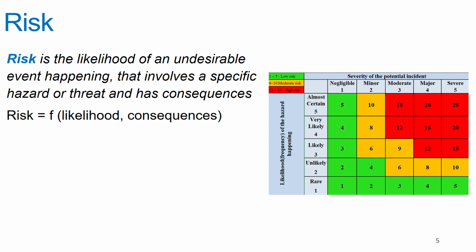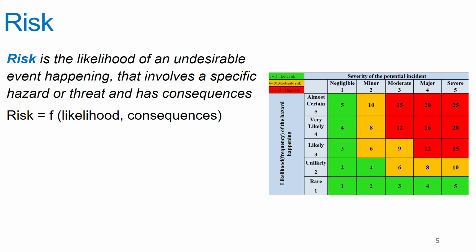This undesirable event involves a specific hazard or threat and has consequences. So what this means is that a risk is the chances of something that you do not want happening. The chances of it happening is part of the risk.